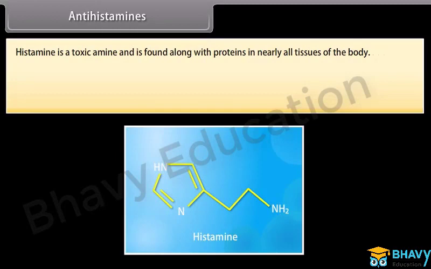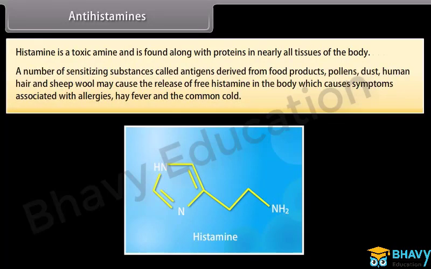Antihistamines. Histamine is a toxic amine and is found along with proteins in nearly all tissues of the body. A number of sensitizing substances called antigens derived from food products, pollens, dust, human hair and sheep wool may cause the release of free histamine in the body, which causes symptoms associated with allergies, hay fever and the common cold.